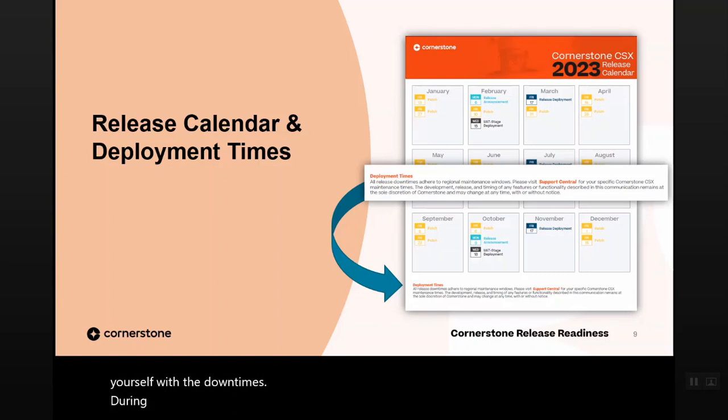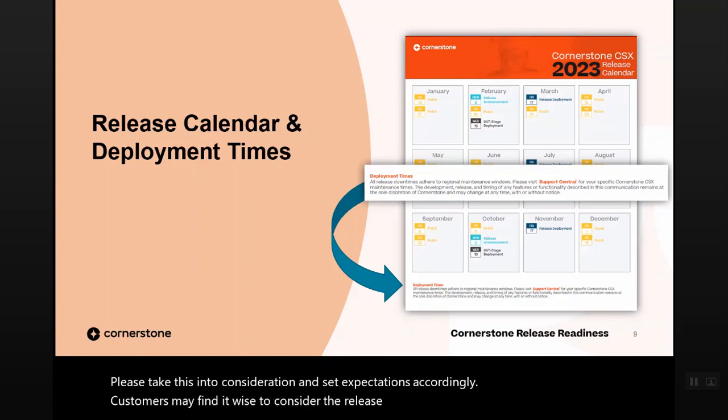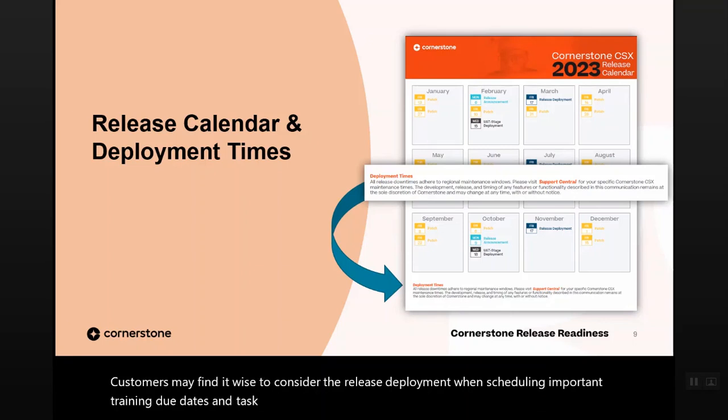During these deployments, you may find your portal to be temporarily unavailable or processing more slowly. Please take this into consideration and set expectations accordingly. Customers may find it wise to consider the release deployment when scheduling important training due dates and task deadlines, such as for compensation or performance reviews, if you have these products in use in your portal.